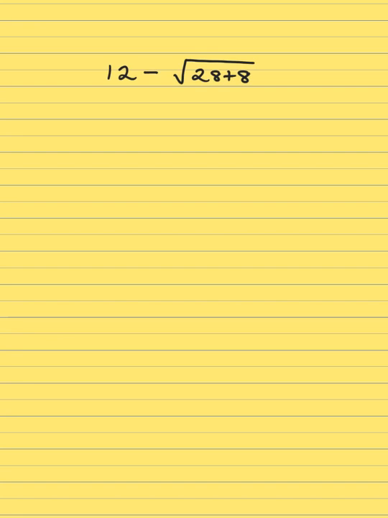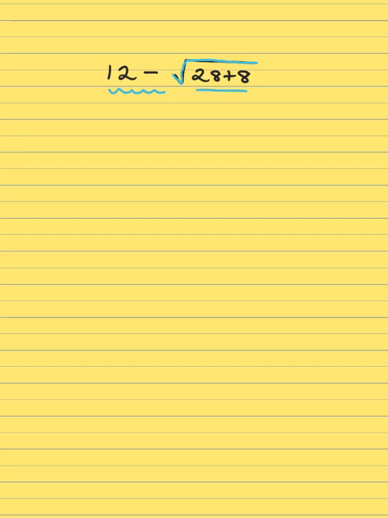So here's what that looks like. I have to first figure out what 28 plus 8 is. Then I will apply the square root symbol to it, and then we will combine with the 12 and the minus sign. Okay, so 28 plus 8 is 36.